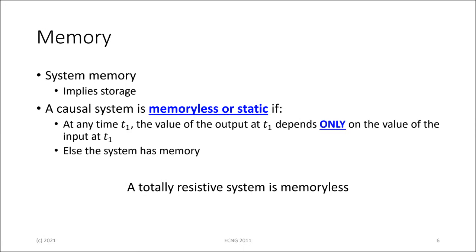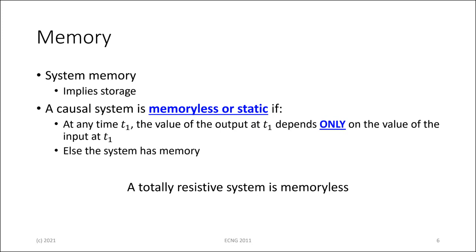The other characteristic of systems is system memory. Now, memory implies storage. The system has to remember in whatever form something about its state. So a system is memoryless if at any time the value of the output depends only on the value of the input at time t.